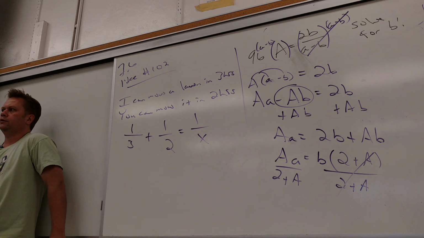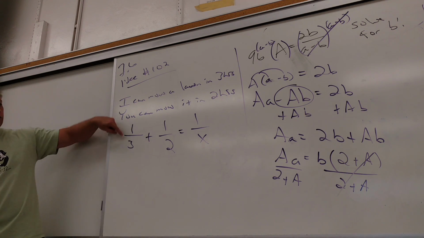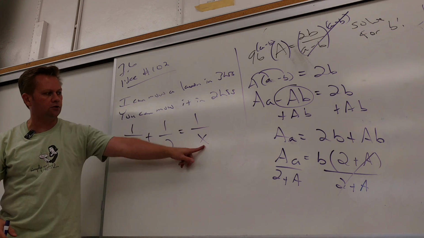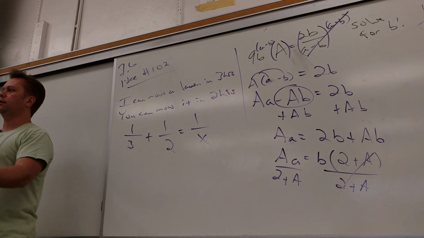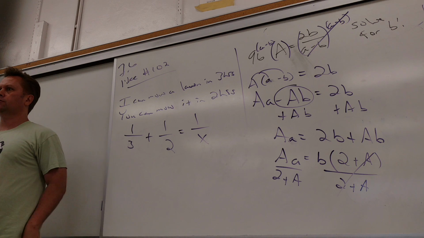That's how you can set up every single work problem. So this one is a pump in the pool or whatever. It's the same way. So there's X hours on the bottom here. Solve for X. Now you can see why it lives in this section, because it's solving a rational equation.